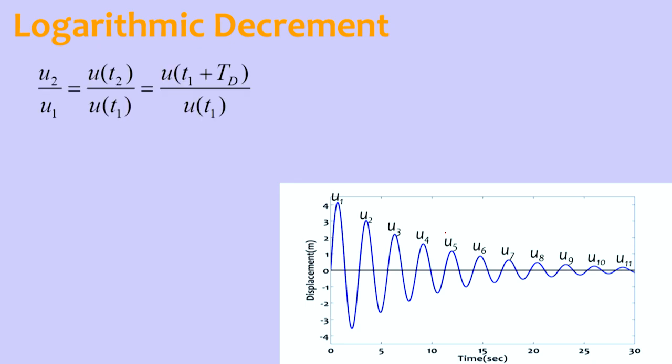Take the ratio between the second peak and the first peak, U2 divided by U1. U2 is occurring at a time T2 and U1 is occurring at a time T1. The time gap between T2 and T1 is Td. U2 occurs after one full cycle.